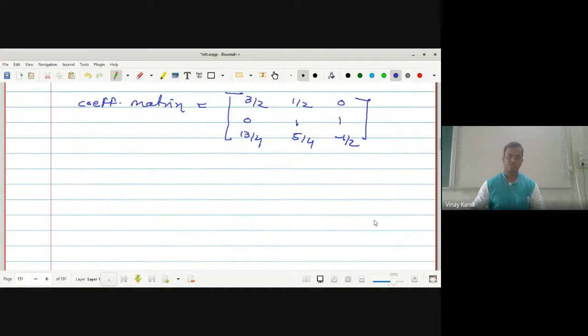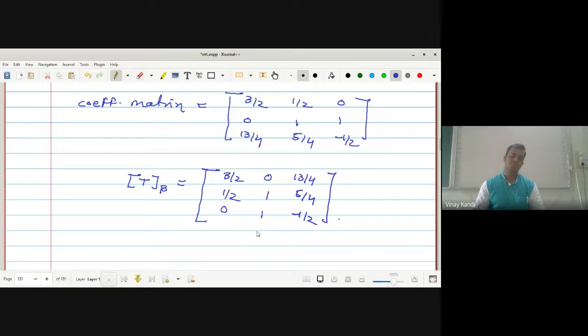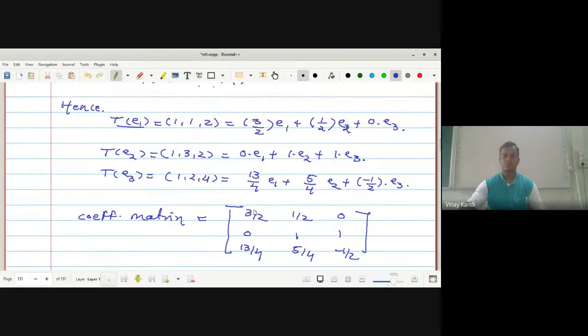So now the matrix of T with respect to the basis beta: the first row becomes the first column. This is 3 by 2, 1 by 2, 0; 0, 1, 1; 13 by 4, 5 by 4, minus 1 by 2. So this is the matrix of representation such that T of (x, y, z) is equal to (z, y plus z, x plus y plus z), with the ordered basis given to us.